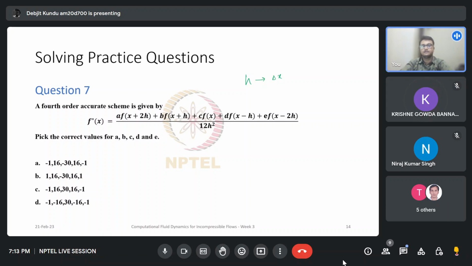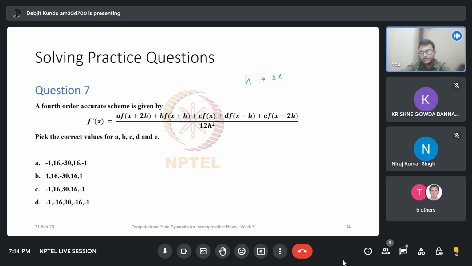Okay, great. So this is the equation we have in hand. It's a fourth order accurate scheme for a second order derivative. And we have these coefficients a, b, c, d, and e, and some possible candidates as the correct values for a, b, c, and d. So which one would be correct?